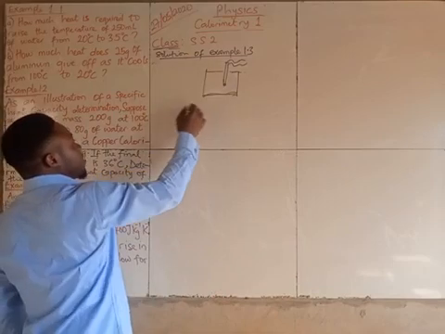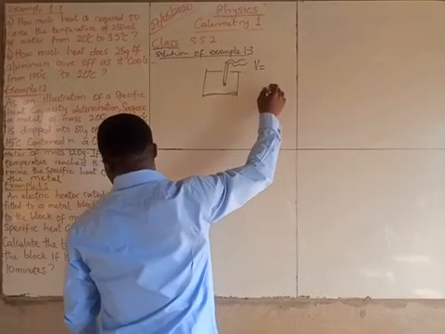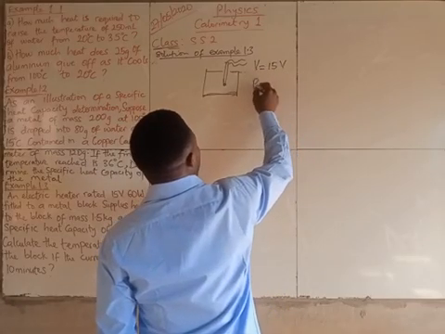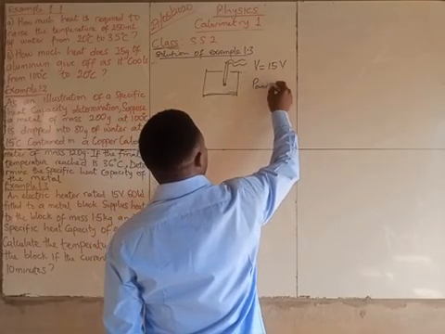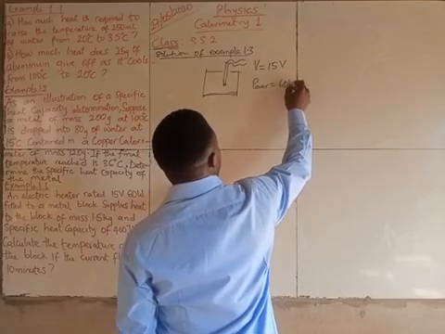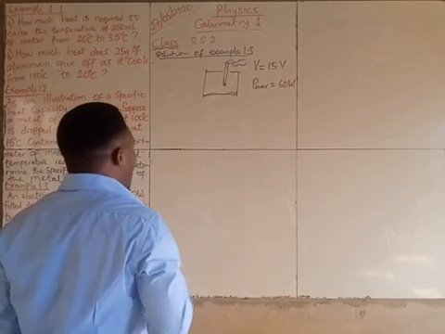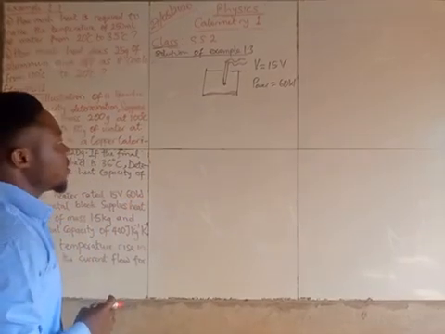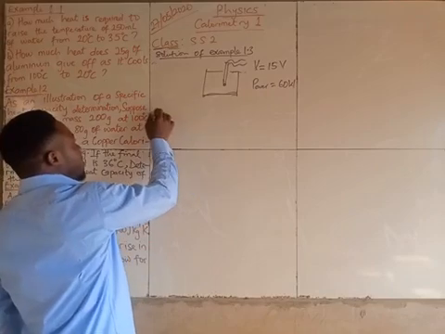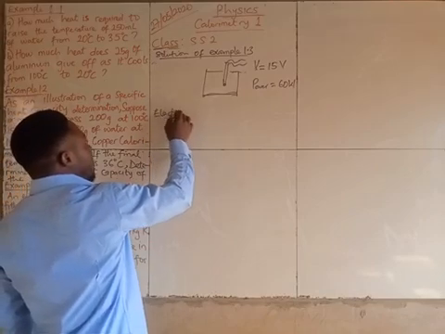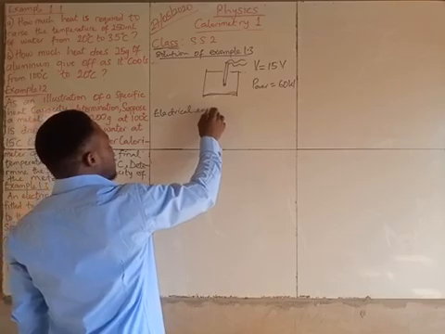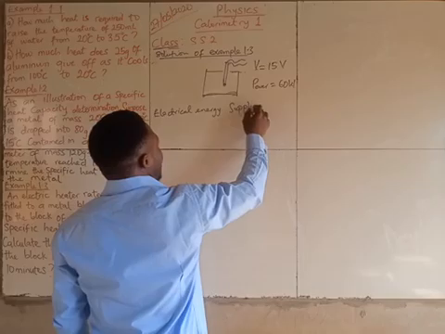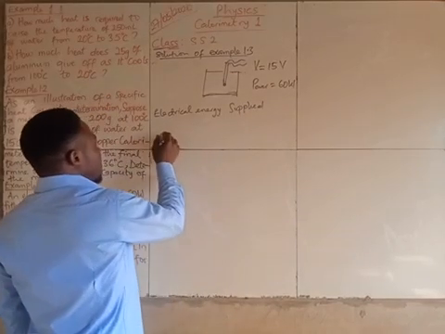We are given the voltage of this heater to be 15 volts and the power rating to be 60 watts. It means that we can easily get the energy. The electrical energy supplied can be found to be what?